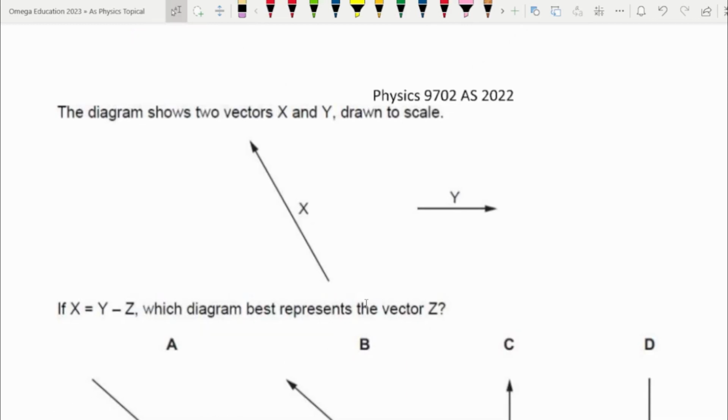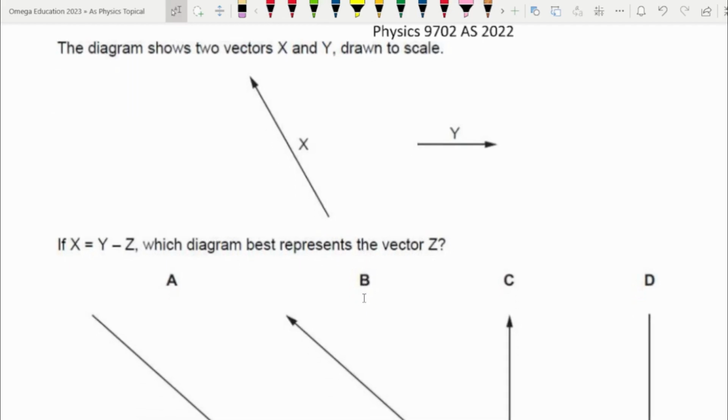The diagram shows two vectors x and y drawn to scale. If x equals y minus z, which diagram best represents a vector z? Alright, so once again, you can rearrange it for the addition of vectors. We can write it as y equals x plus z.